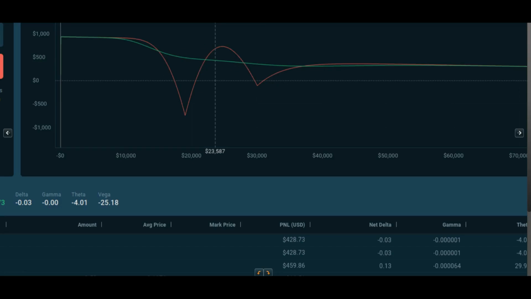If we take a look at this position, I made it slightly delta negative in case the price goes down, because if the price goes down we have increased volatility, so Vega will work against us and we will get some negative PNL from volatility, but delta should partially cover this negative, because we have a little short position here in this direction.